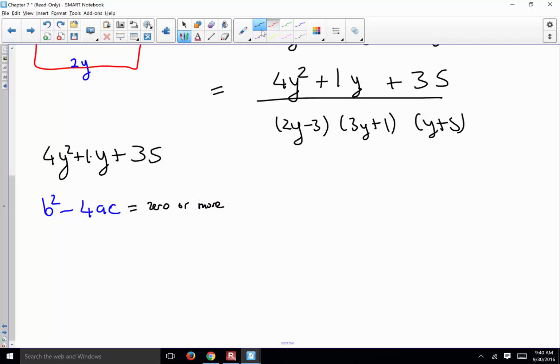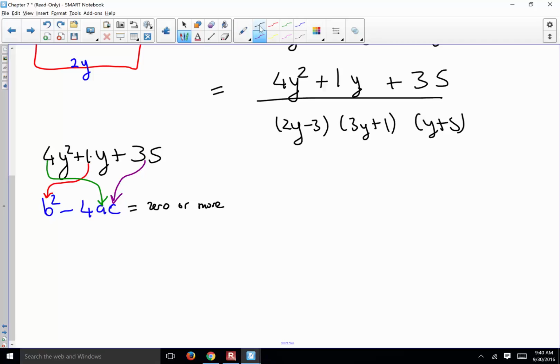What do I mean by b, a, and c? B is the number in the middle, A is the number in front, and C is the number on the end.